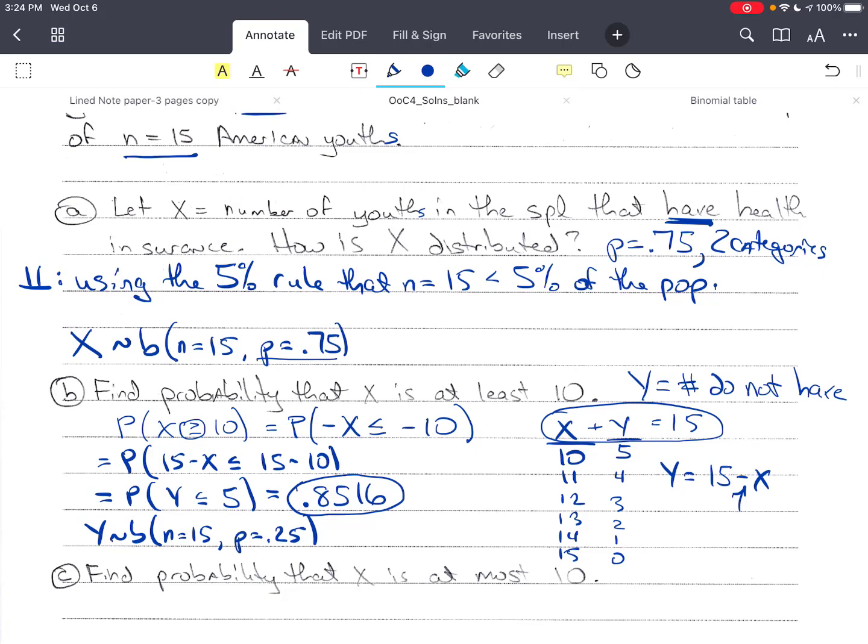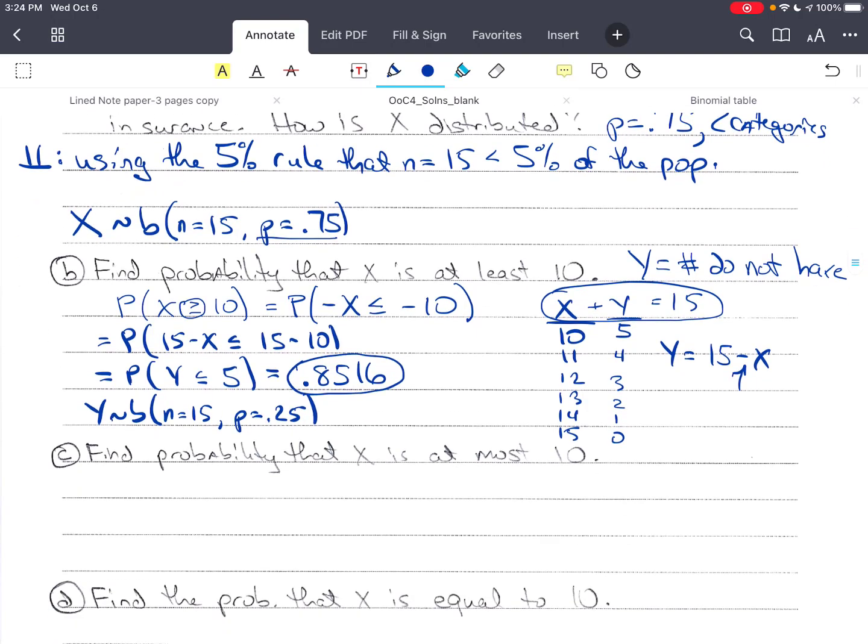Now, that was at least 10, greater than or equal to 10. We want to find the probability that x is at most 10. So x is less than or equal to 10. And we're going to do the same transformation. So the next thing we do is the probability that negative x is greater than or equal to negative 10.